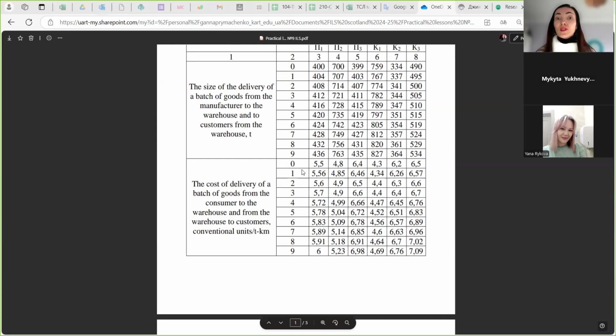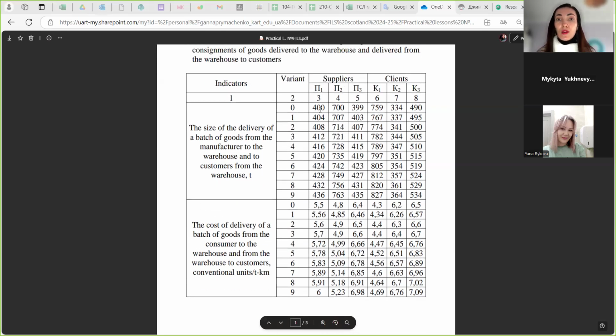So for zero variance, for example, we write 5.5 for first supplier, you can see on the table. For zero variance, for example, we use last line for tariff and search column: 5.5 for zero variance, 5.56 for first variance, 5.6 for second variance.